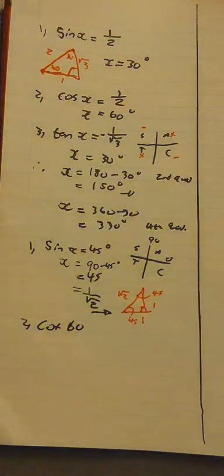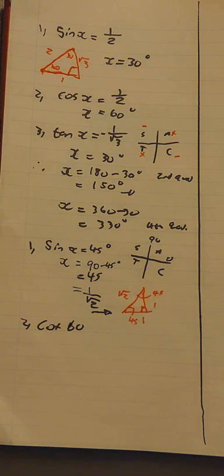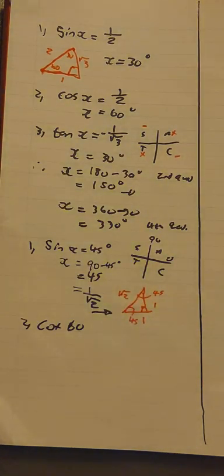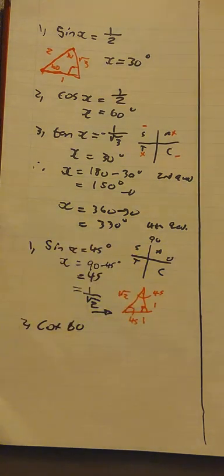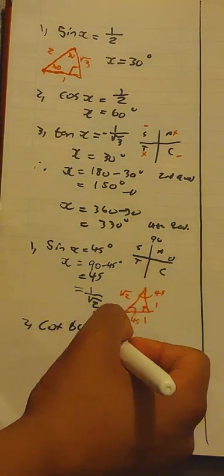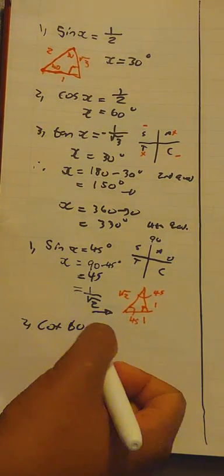Okay, let's use cot 60, guys. 60 is between here and there, right? And cot is the reciprocal of tangent. Cot is the reciprocal of tangent, guys. So what's the meaning of this? Cot, we already know it's adjacent over opposite at 60.